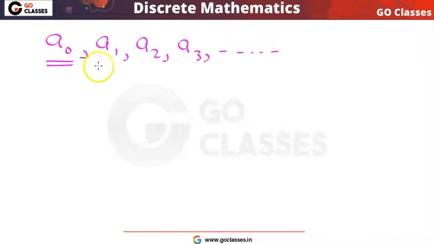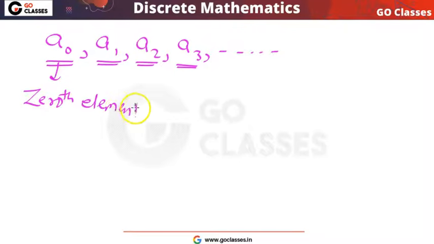So this is our 0th element, this is the first element, this is the second element, this is the third element. This is a convention that in a sequence the counting starts from 0. So this is A0, A1, A2, and so on.